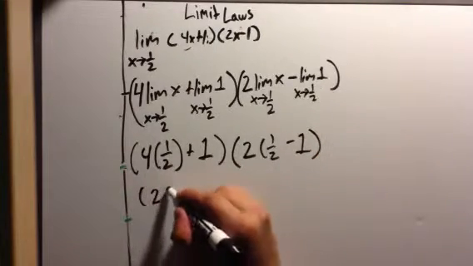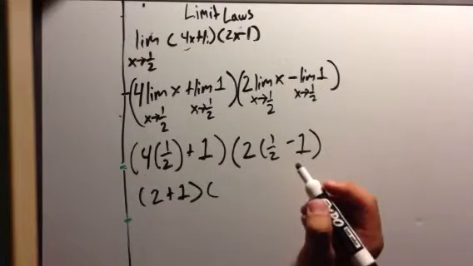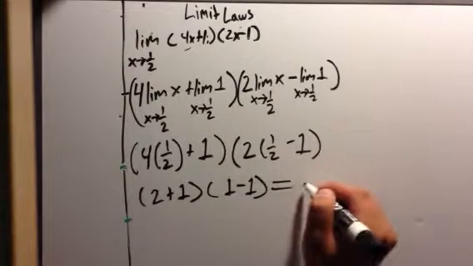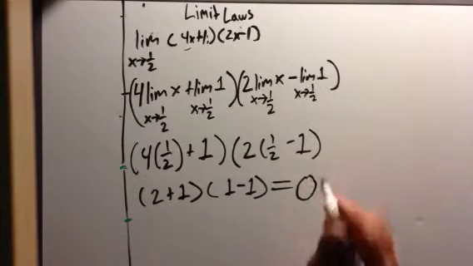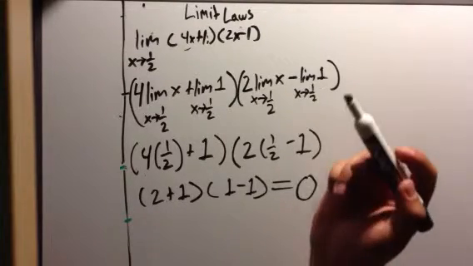So then this is going to be 2 plus 1 times 1 minus 1. And this just all equals 0, if I'm not mistaken. It does equal 0, as it says in the solutions manual. If you don't understand what we did there, you should go over your limit laws, but I'll go over it real quick with you.